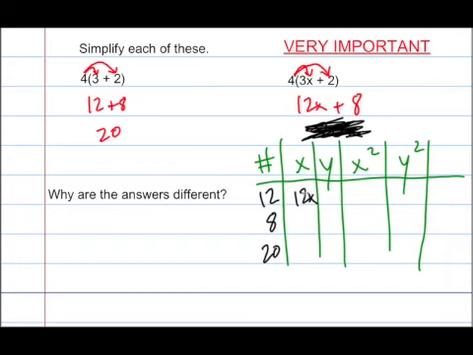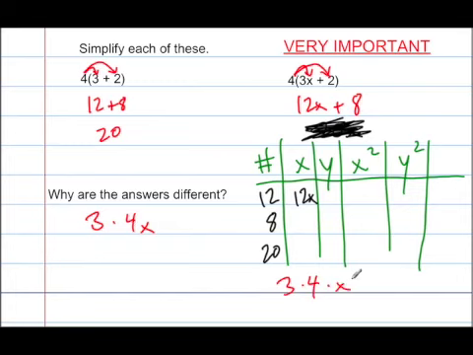So at this point, you want to realize that with addition and subtraction, you're always looking at like terms. When you're doing multiplication and division, if I have 3 times 4x, I don't leave it like this, because I could write 3 times 4x like this, 3 times 4, because 4x is actually 4 times x.